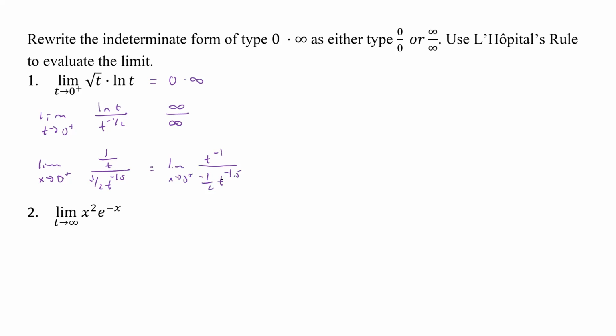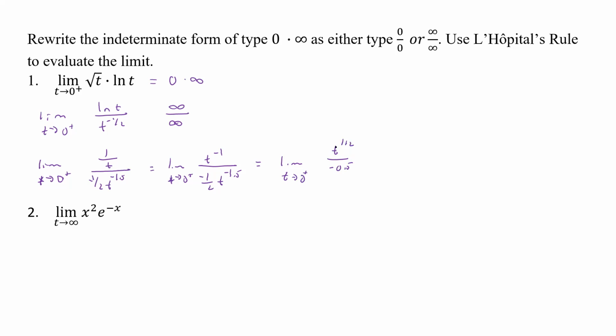Now I notice here I've got t's in numerators and denominators. So what I'm going to do is convert it to one form. If I take this to the numerator and make it a positive 1.5 times that, that's going to give me t to the 1/2. So that's going to give me the limit as t goes to 0 from the right of t to the 1/2 over negative 0.5.